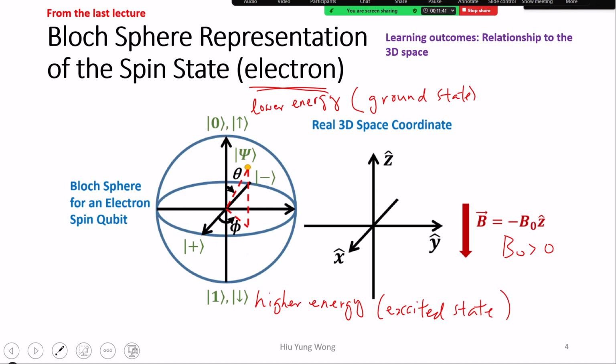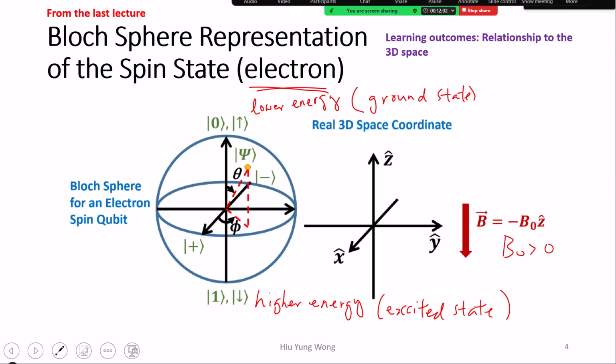But this embedding is not just for show. You start seeing some relationship to our real 3D space. For example, in our real 3D space I have the magnetic field pointing down, and it turns out its eigenstates are these 2 poles along the z direction.